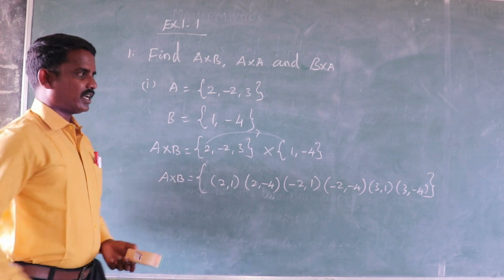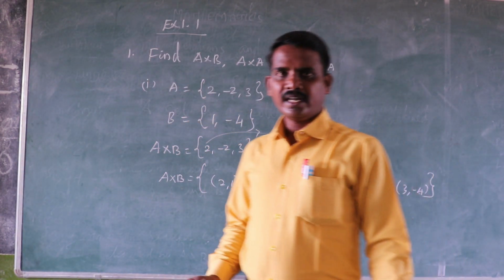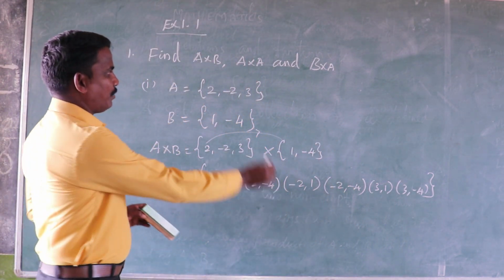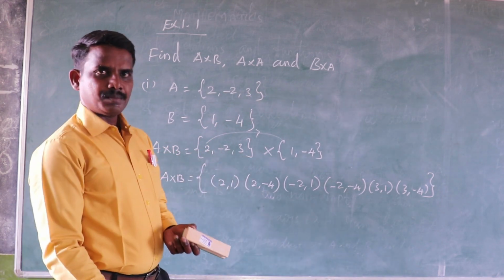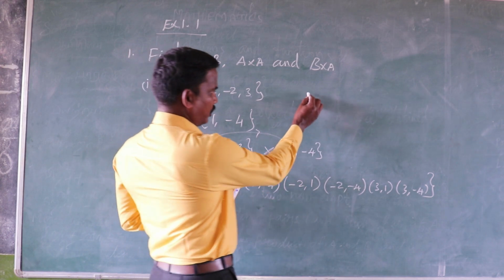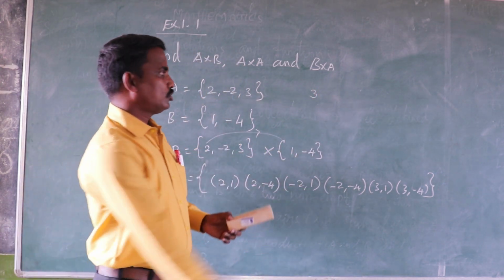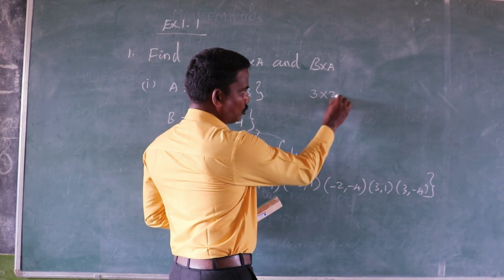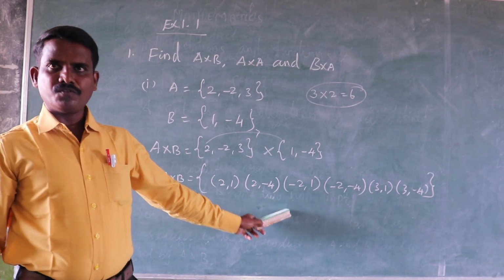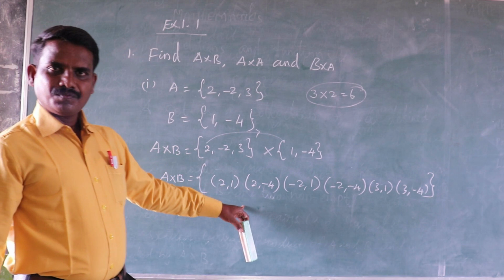How do we check whether we have written all the ordered pairs, or whether some are missing? We can just multiply the number of elements in A and B. How many elements here? Okay, 3 elements in A, and in B we have 2 elements. The product of these two gives 6 elements. So exactly 6 ordered pairs in A cross B is the only correct answer.